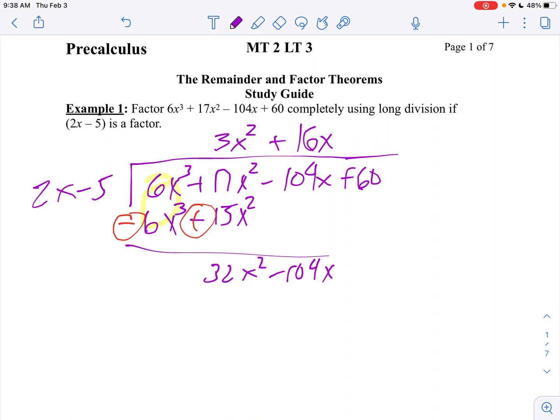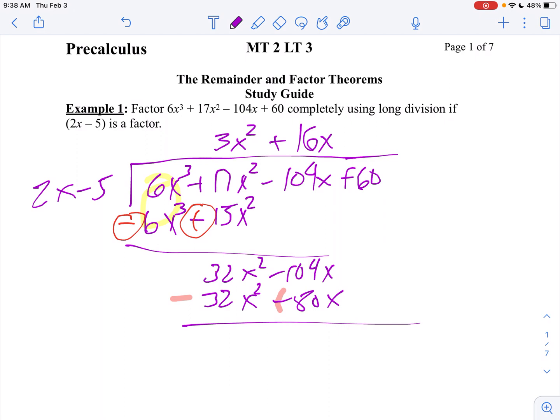So 16x times 2x would be 32x squared, minus 16 times 5 is 80x. Now I'll change my signs. So I'll change this to a minus and this to a plus.